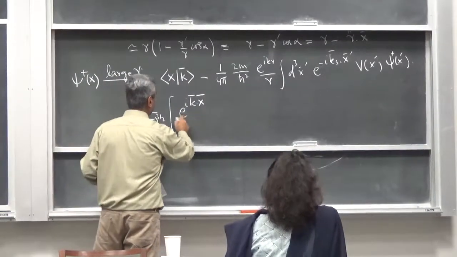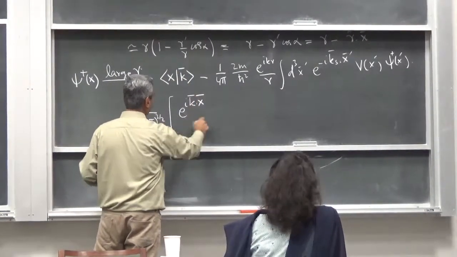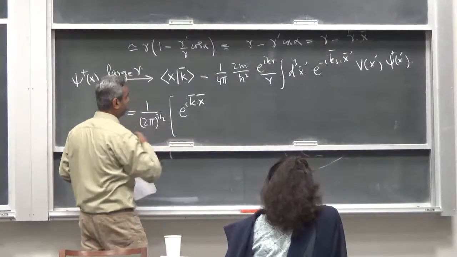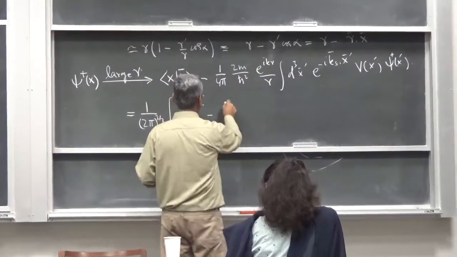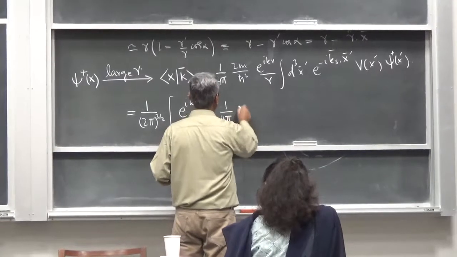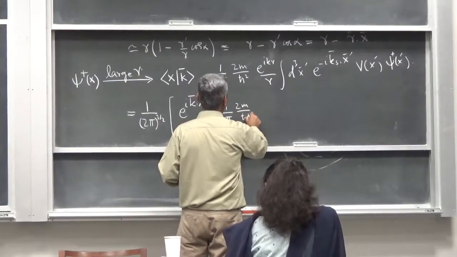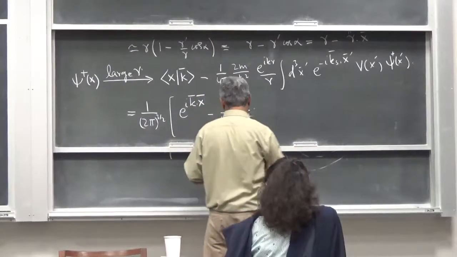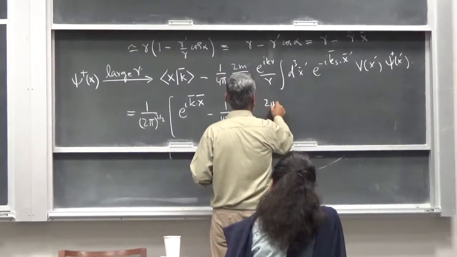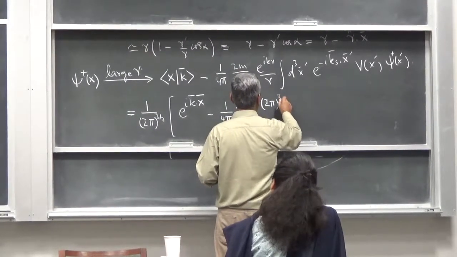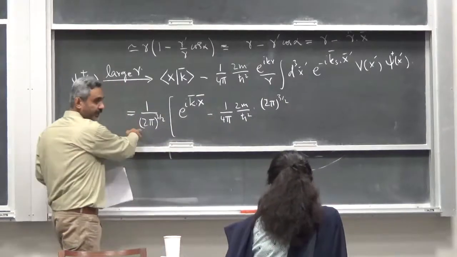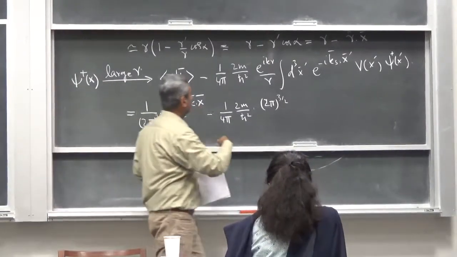This whole thing is e to the i k x divided by 2 pi to the 3 halves. And this thing is 1 over 4 pi, 2m over h-bar squared, a factor of 2 pi to the power 3 halves, coming from here. I've taken that out. So you get that.